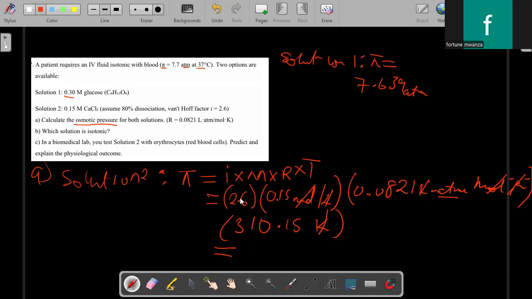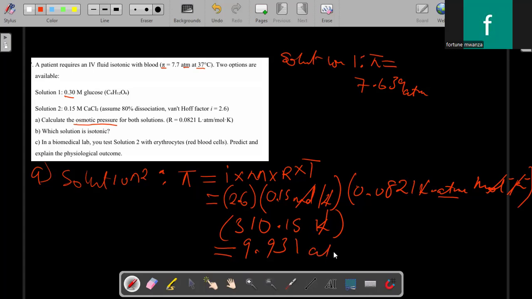If I multiply 2.6 by 0.15, by 0.0821, and then by 310.15, I get the osmotic pressure for the second one, which is 9.931 atmospheres.